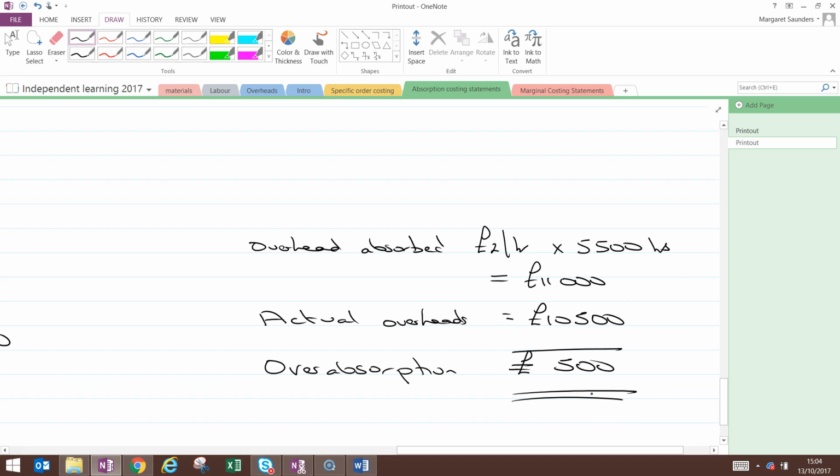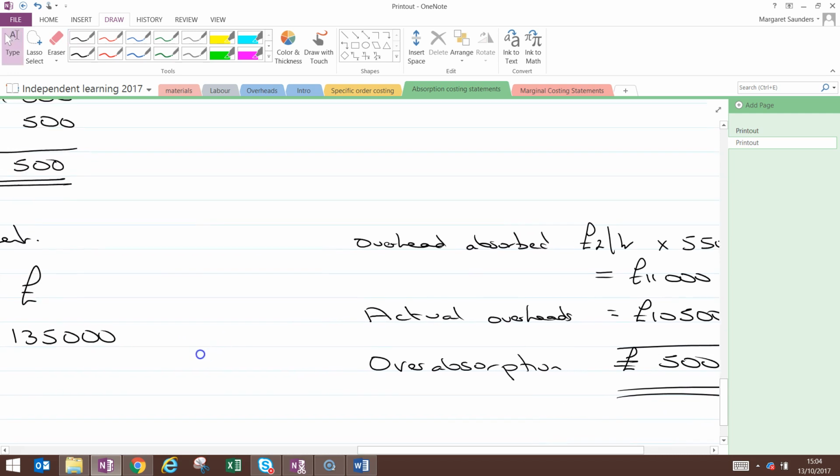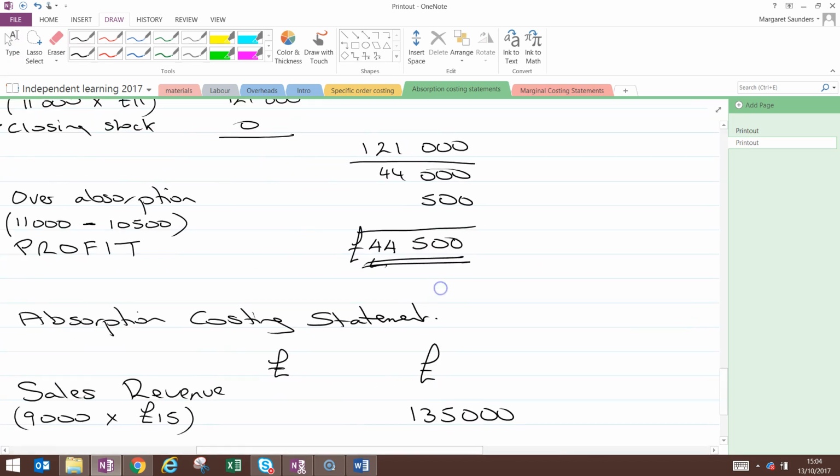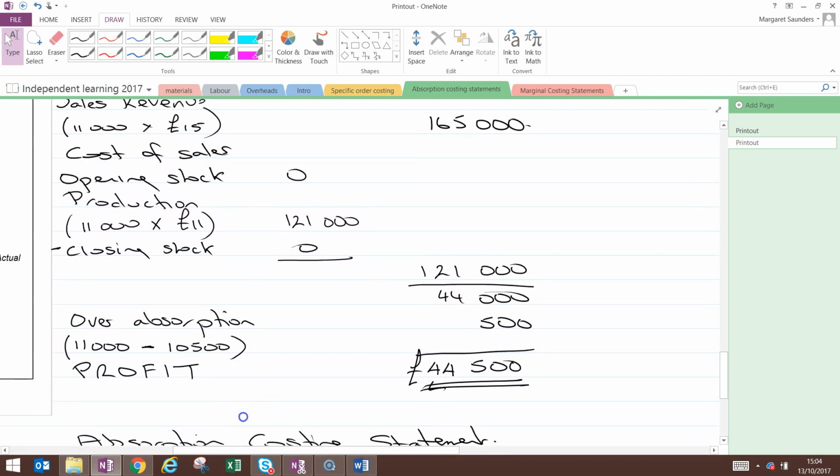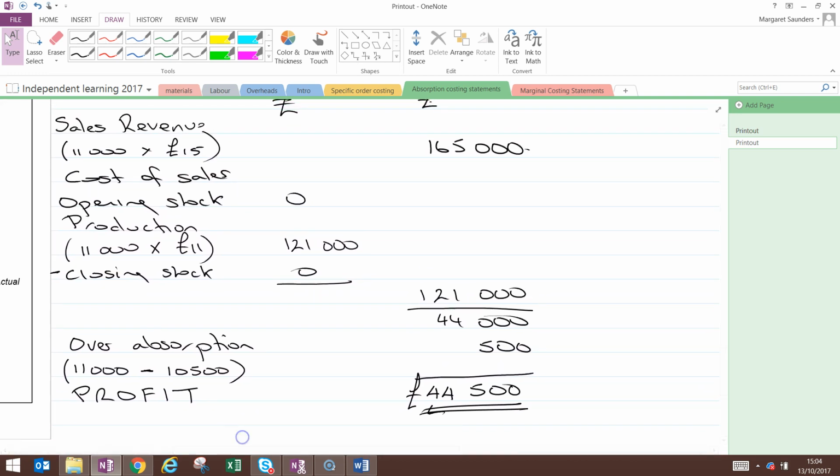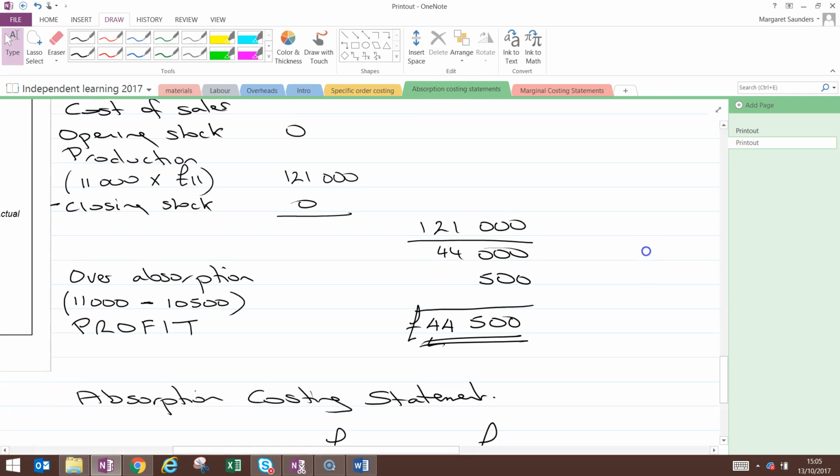So this is exactly the same as in the previous statement. When we had no stock, we still had an over absorption of £500. This is because in both these statements our production has been for the same amount, 11,000 units, and our overheads absorbed are based on our production.